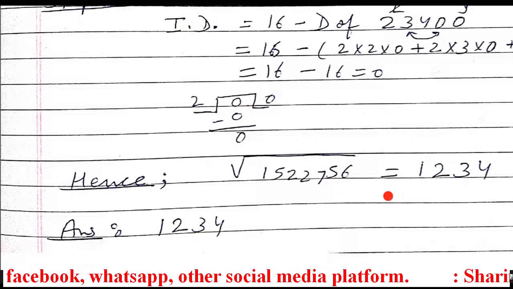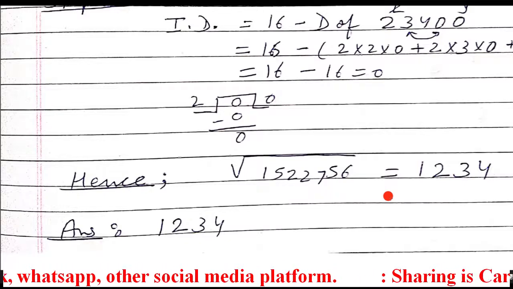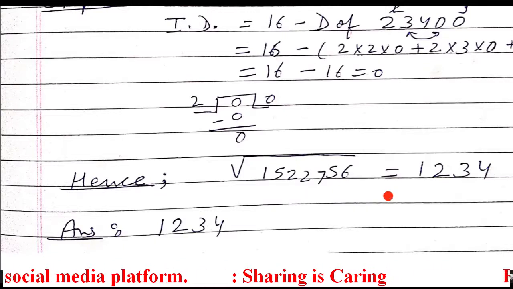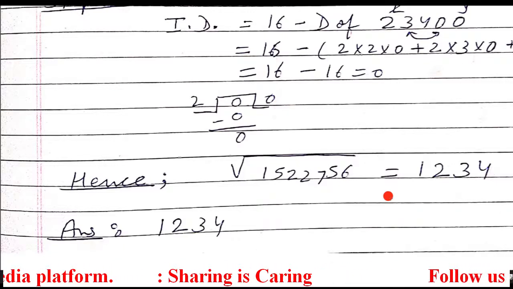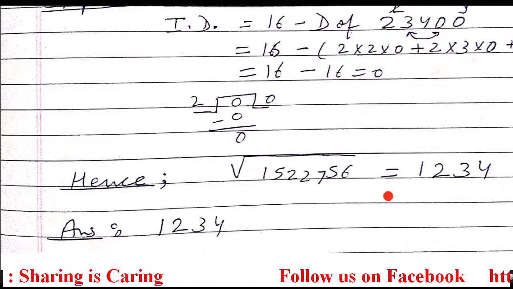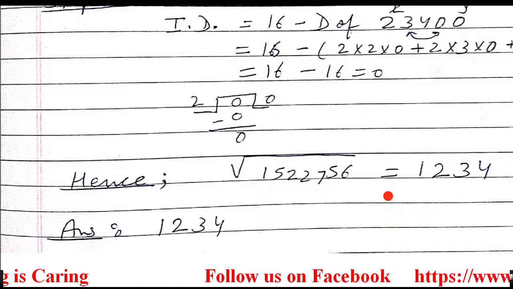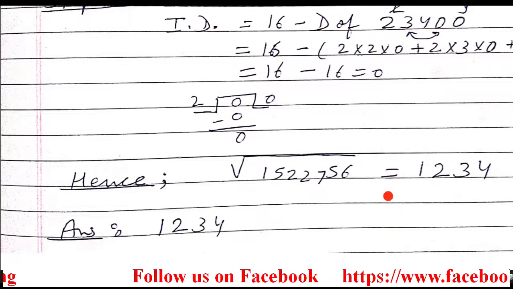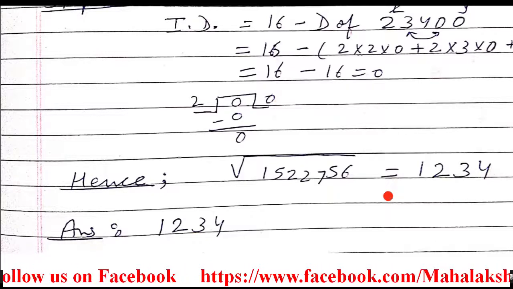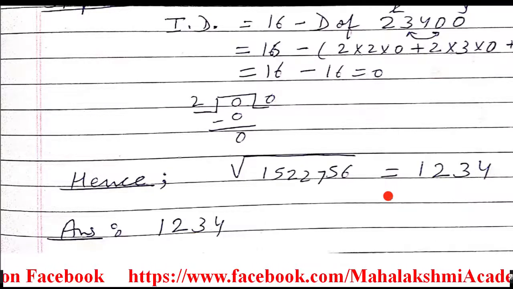So we are using the Dvandva Yog method to find out the square root of given number, and in this you have to take care that it's near about same like Dvajang method, but in this we are improving the dividend by finding the Dvandva. So this square root method by Vedic is also named as Dvandva Yog method to find out the square root.